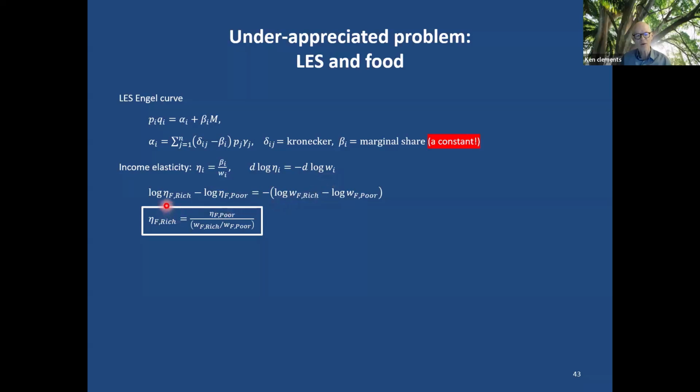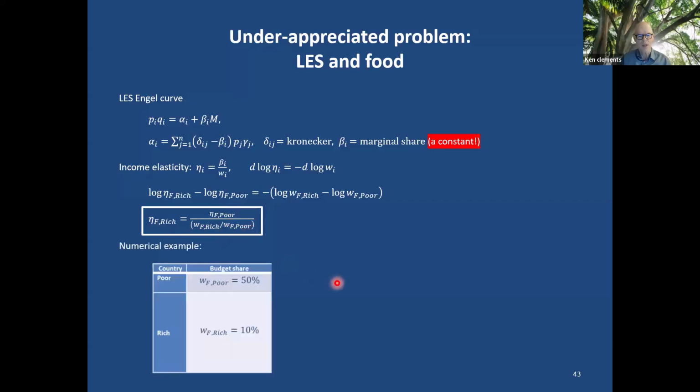So if we take the difference between the food income elasticity in, say, a rich country relative to that in a poor country, that's going to be the negative of the corresponding relative change in the food budget share. So we could write that the food income elasticity in the rich country is going to be the ratio of that in the poor country to the ratio of the budget share in the rich country to the poor country.